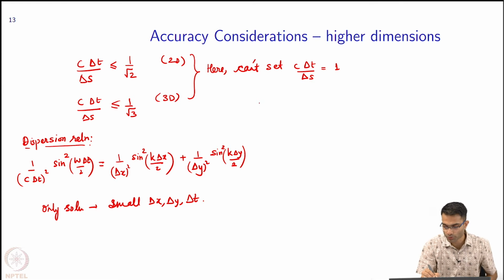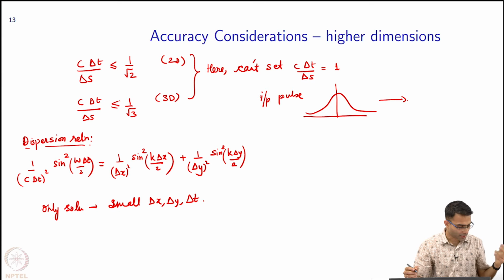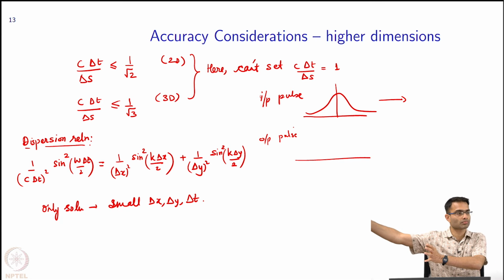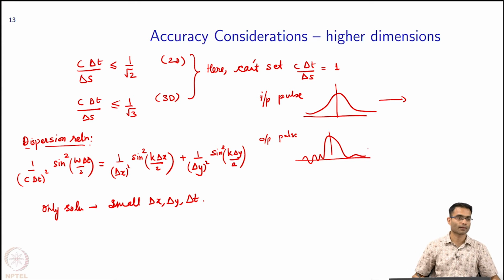Supposing I send in a nice Gaussian input pulse, what happens is it will get distorted. The output pulse, by which I mean the pulse seen after some space and time, may look something like this. Why? Because the constituent frequencies that make up that pulse are now traveling at different speeds. If they all traveled at the same speed, I would get the same pulse.